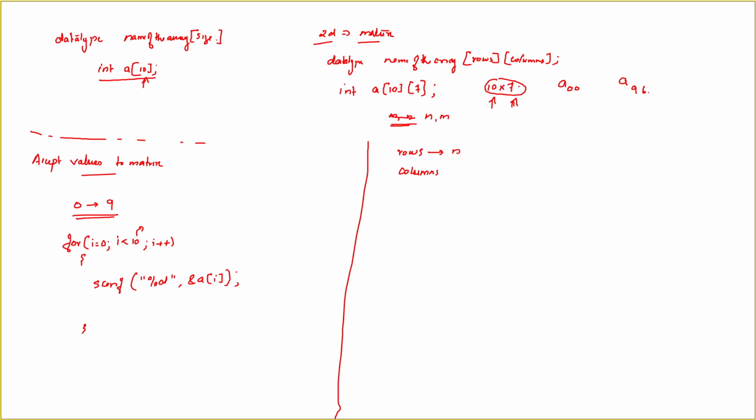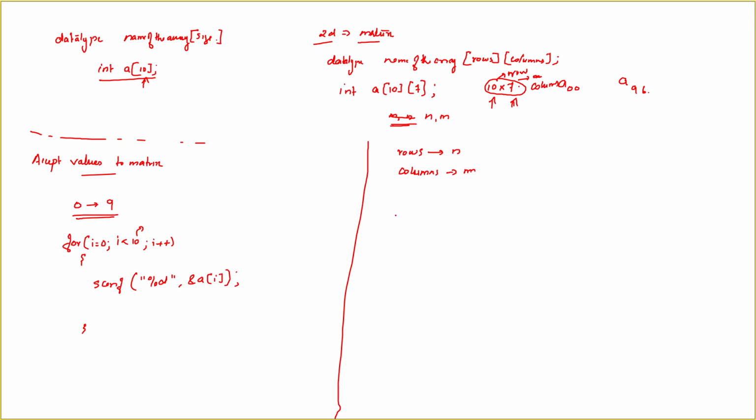The number of rows will be equal to n and the number of columns will be equal to m. Here the value of n is 10 and the value of m is 7. So 10 is the number of rows and 7 is the number of columns. Clear?